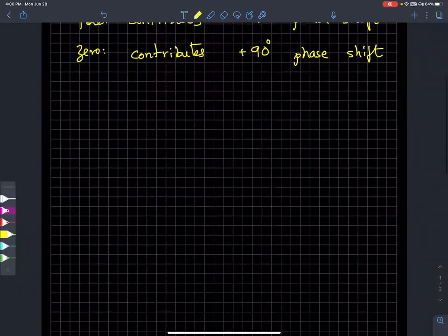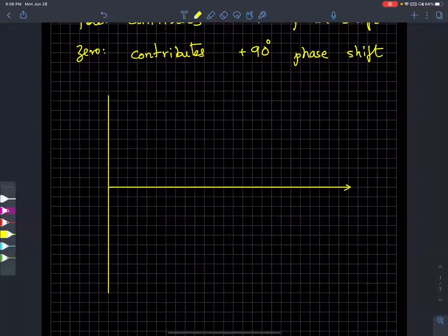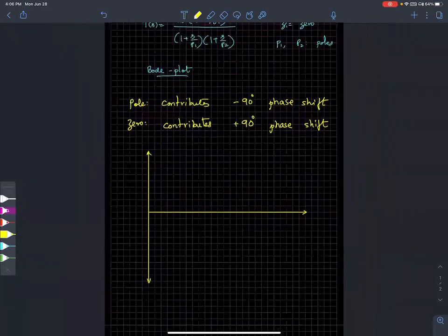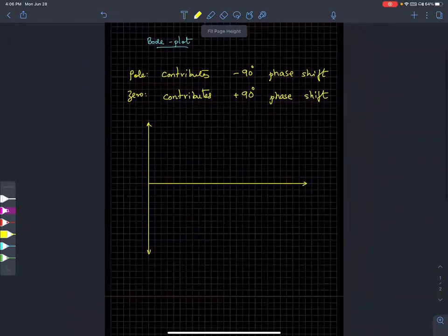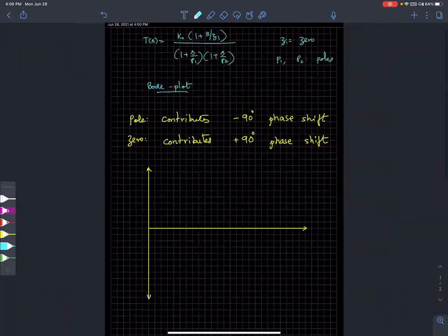When you're drawing the Bode plot, even for homework problems, if you're able to understand this method, you may actually be able to get away without doing the calculations. So the first thing you do is identify the location of zeros and poles.